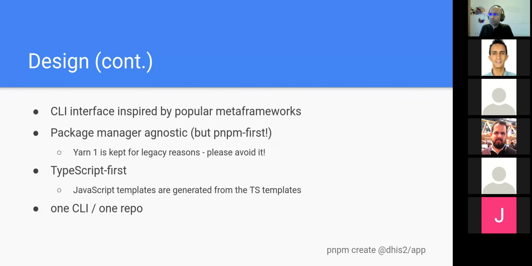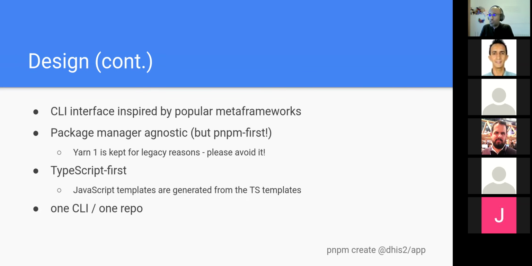So we did a CLI interface that is inspired by other popular meta frameworks. Like I said, we used npm create. We moved it to be package manager agnostic, and this was probably, for us internally, the biggest challenge and win, that we decoupled it from yarn1 so that you can use npm or pnpm.